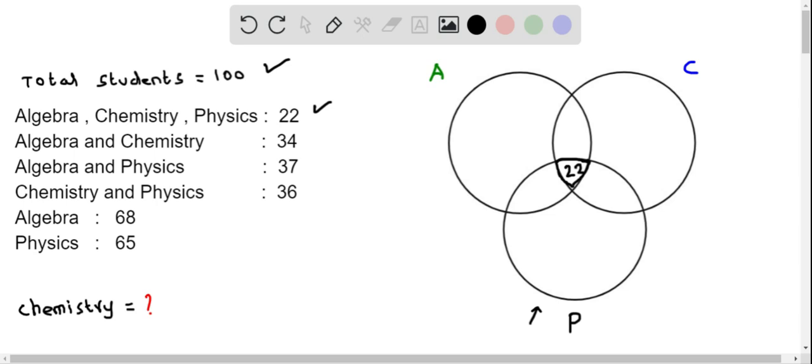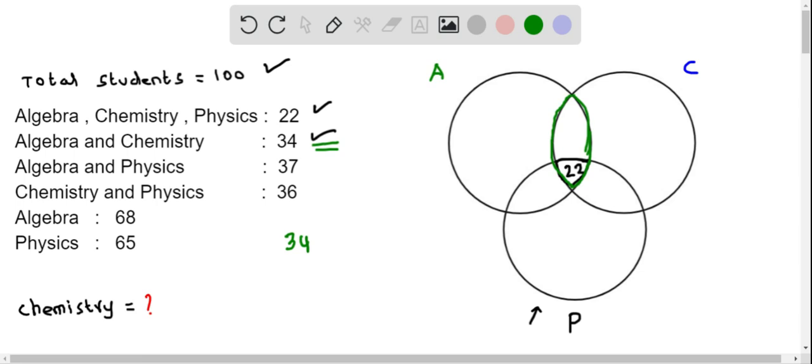Now let's consider the other information, that is the students who have taken algebra and chemistry is 34. And this is represented by this region, as I'm shading it over here in green color. So this is the region which represents the students who have enrolled in algebra and chemistry, and this is given as 34. Since we have already accounted 22 who have also taken algebra and chemistry, we have to subtract the 22 from 34.